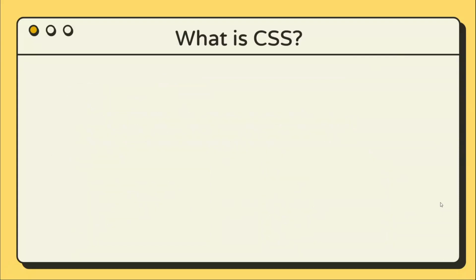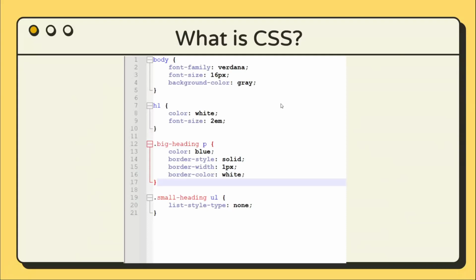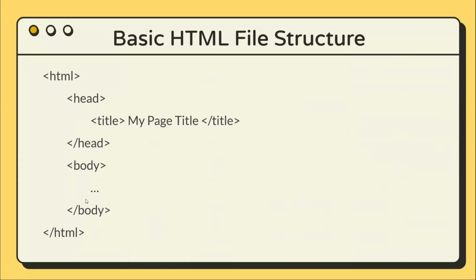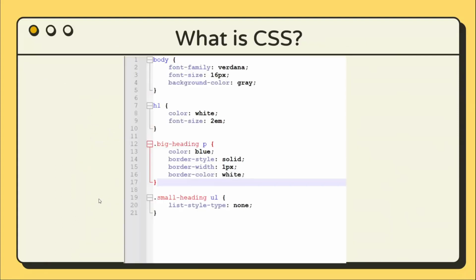And I have an example as well. Here, as you can remember from the HTML file, the body section, so all of the content that's going to be displayed on the website, this CSS style is going to apply these attributes to all of the elements within the body.